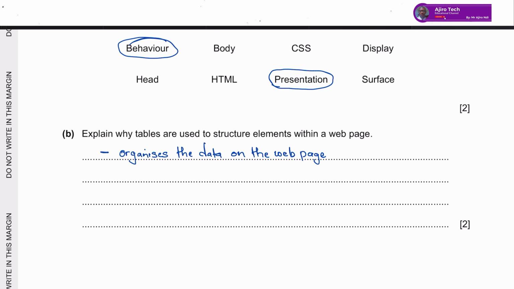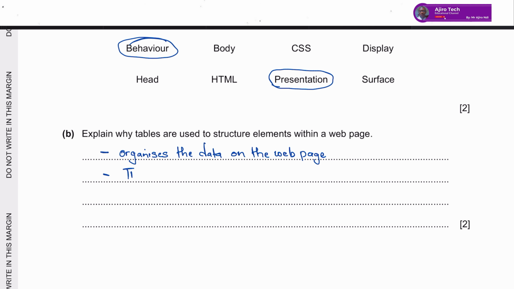Essentially, when we talk about the content layer, this is the content of the web page, which falls in the body section: your text, your images, your page structures, which are your frames, tables, and hyperlinks. So it organizes the data on the web page.